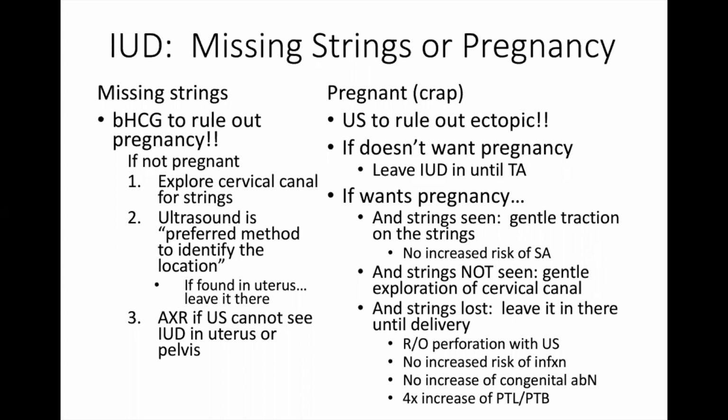If found in the uterus, you can leave it in. If it's not found, then you have to do an abdominal x-ray to see where it's located, okay? If it's outside the uterus, of course you're going to book the patient for laparoscopy and removal of the IUCD.